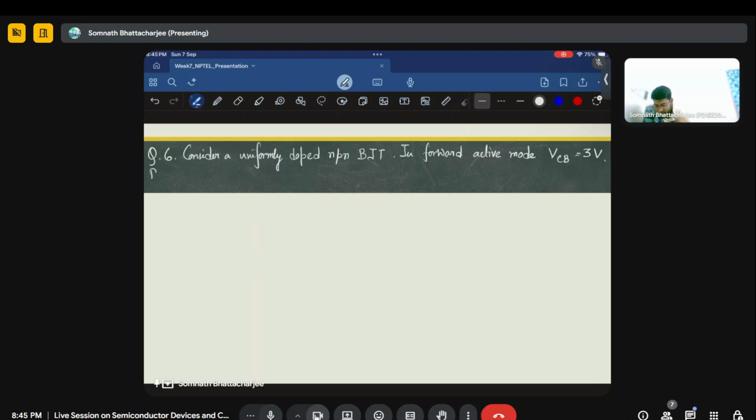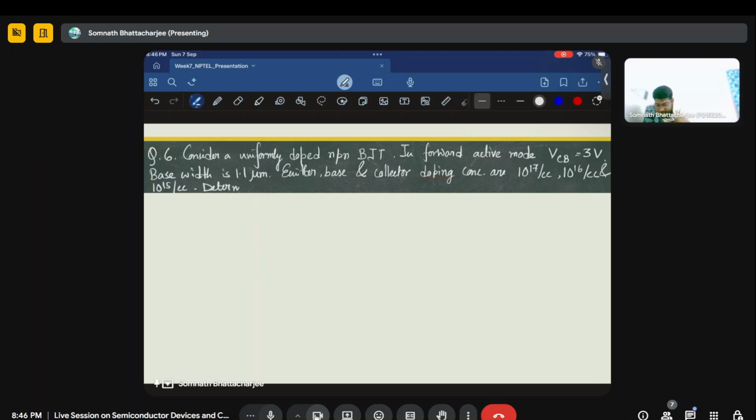The base width is 1.1 microns. The emitter, base and collector doping concentrations are 10 to the power 17 per cc, 10 to the power 16 per cc, and 10 to the power 15 per cc.